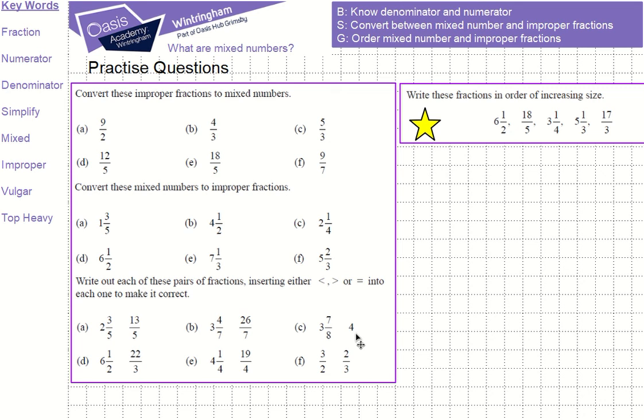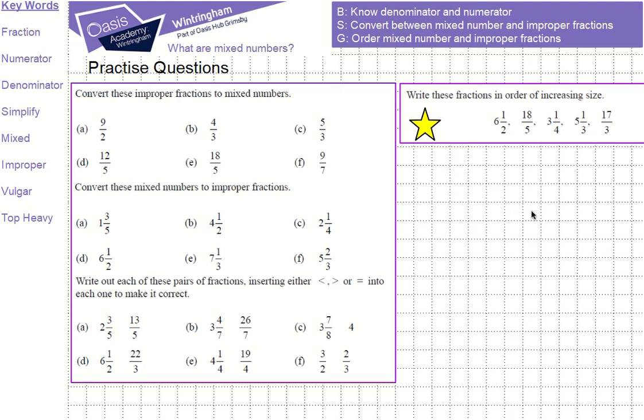So which one's the biggest and which one's the smallest. This bottom section and the star question are going to be your extension questions. Really, the first two sections are the most important that I really want you to focus on.